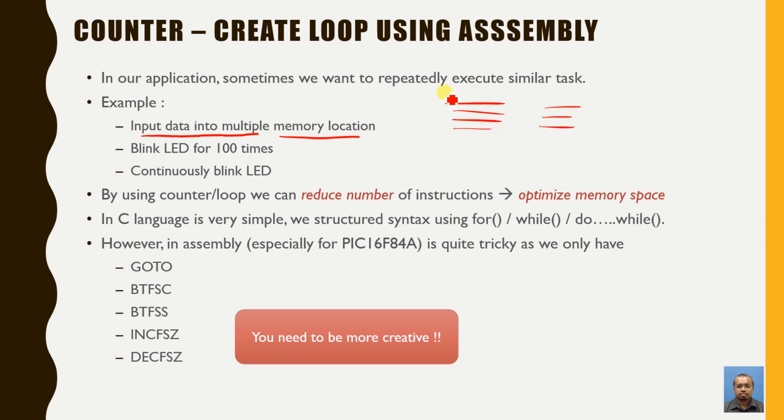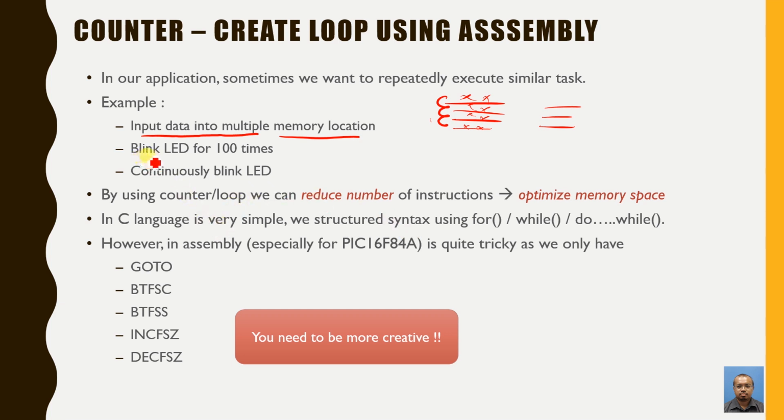You want to put data here, and then the next one and the next one. You're actually doing this repetitively. So instead of writing the code one by one to do the same job, it is better to use a loop, which looks smarter. The program looks smarter, and it saves a lot of memory locations.